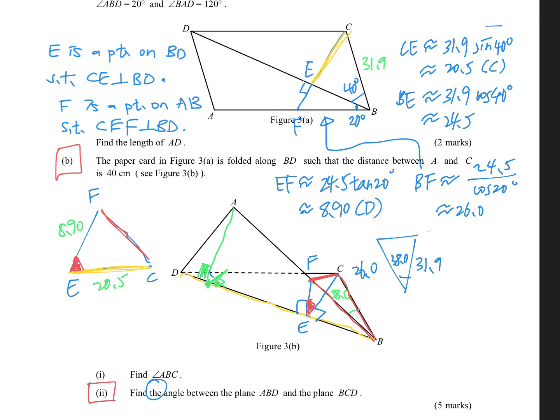So for CF, it would be the square root of 26.0 squared plus 31.9 squared minus 2 times 26.0 times 31.9 times cosine 38.0. 26.0 would be Y, so Y squared plus 31.9, which is A, squared minus 2 times Y times A times cosine B. Now mentally square root.